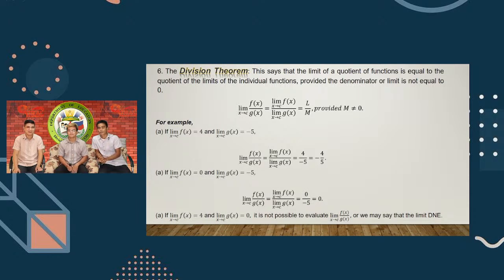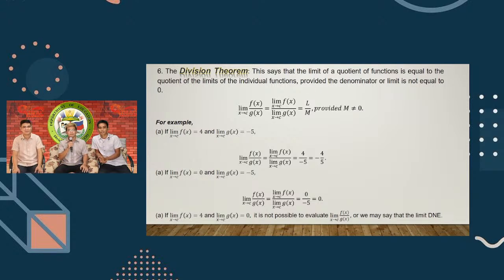The limit of f of x divided by g of x as x approaches c is equal to the limit of f of x as x approaches c all over the limit of g of x as x approaches c. Then that is equal to L over M, provided that M is not equal to 0, and that is the limit of g of x.